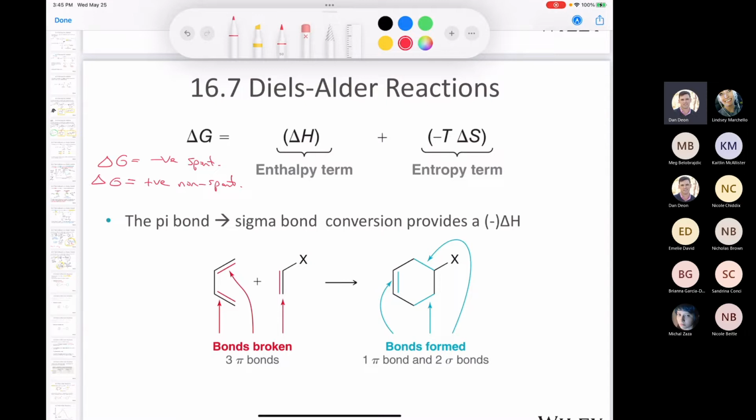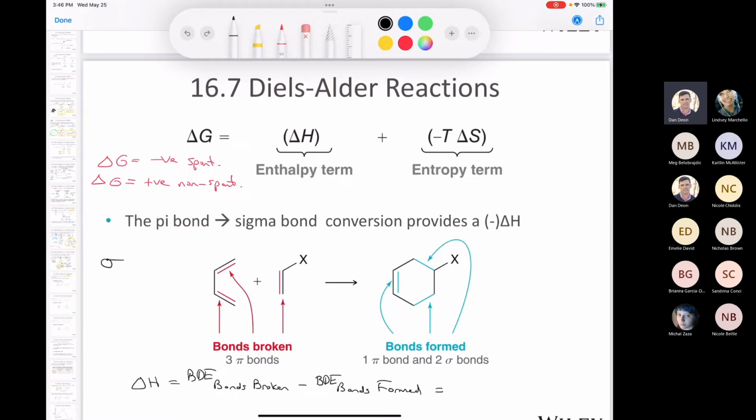Well, what's our delta H? Remember that when we calculated delta H way back in chapter 6, we said that delta H was equal to the H of the bonds broken minus the H of the bonds formed. Okay, that's how we calculated it. We used bond dissociation energies, is what we actually use. So I'll just replace this with BDE for bond dissociation energy. Well, if you're breaking pi bonds here, you're breaking 3 pi bonds, and here you're forming 1 pi bond and 2 sigma bonds.